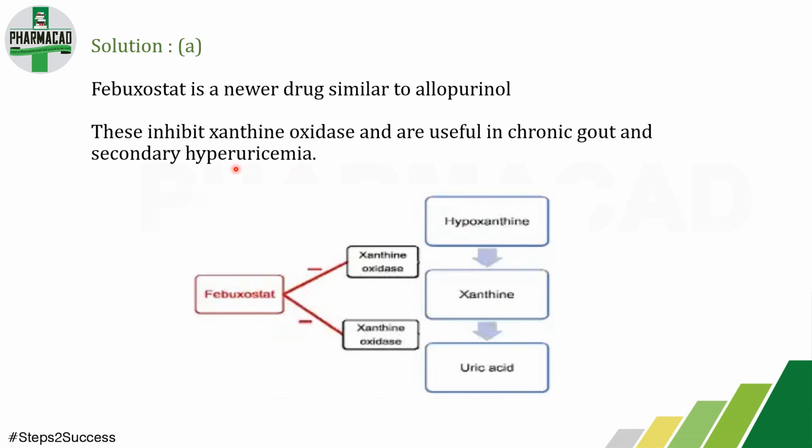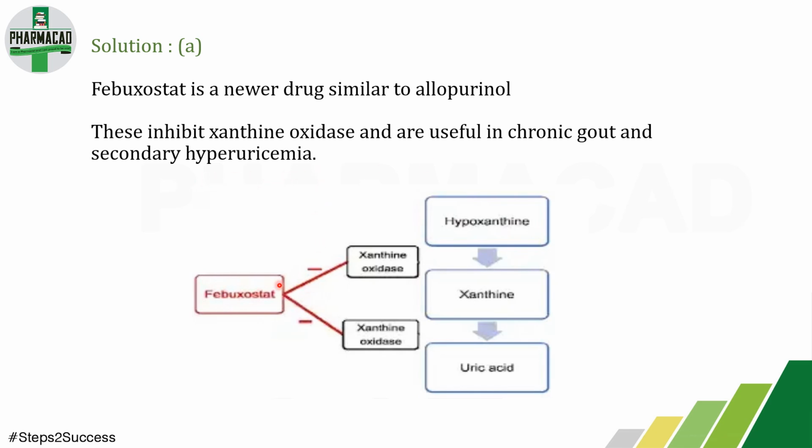Now, we have febuxostat, which is a newer drug and it mimics the activity of allopurinol. Allopurinol is a potent xanthine oxidase inhibitor which is used in the prevention of gout. So because of allopurinol, xanthine oxidase will not act, and the conversion to uric acid will not happen. So these inhibit xanthine oxidase and are useful in chronic gout and secondary hyperuricemia.